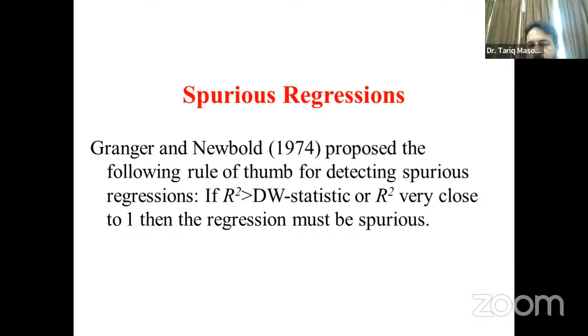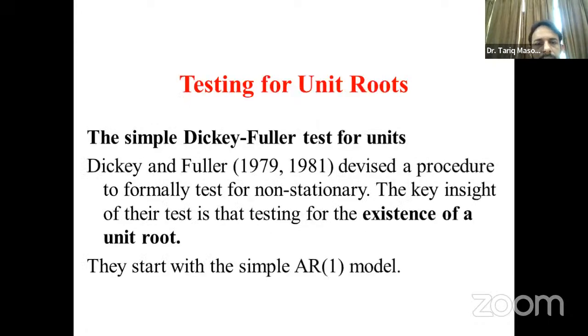At the time of estimation, you can get all these values from statistical software, R square, Durbin-Watson statistic, everything. So you can compare. If R square is greater than the DW statistic, there may be presence of spurious regression.